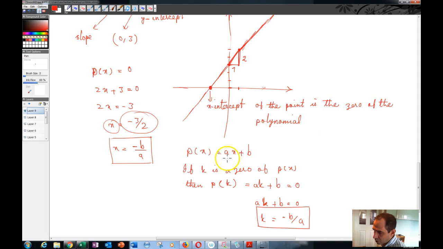And this relationship also exists between the zeros of, for example, a quadratic polynomial, a second degree polynomial, and the coefficients in the polynomial itself. We will talk about that later.